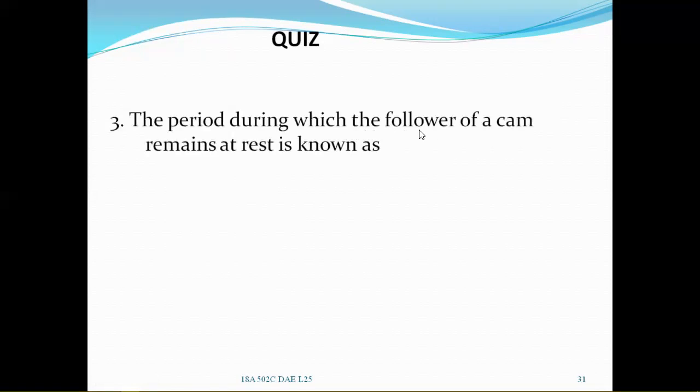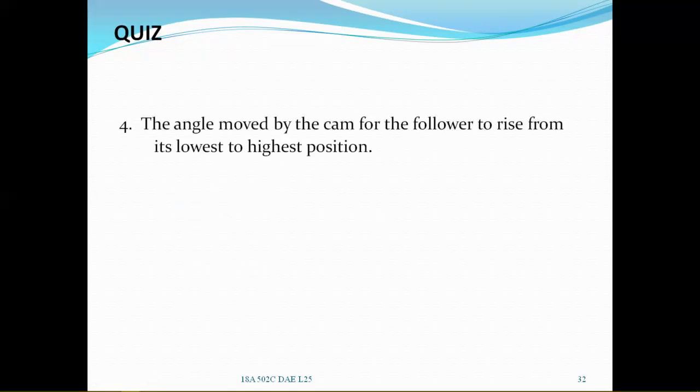The period during which the follower of the cam remains at rest is known as angle of dwell, angle of ascent, a dwell, or trace point. Angle of dwell is the right answer. Next: the angle moved by the cam for the follower to rise from its lowest position to highest position.